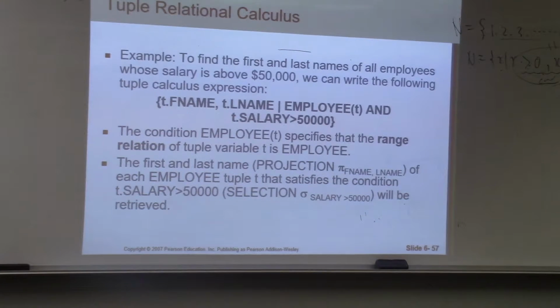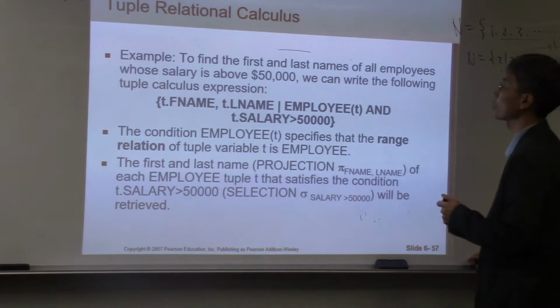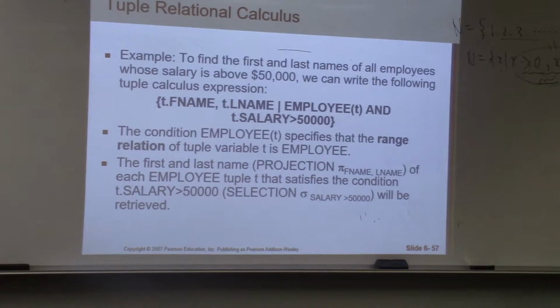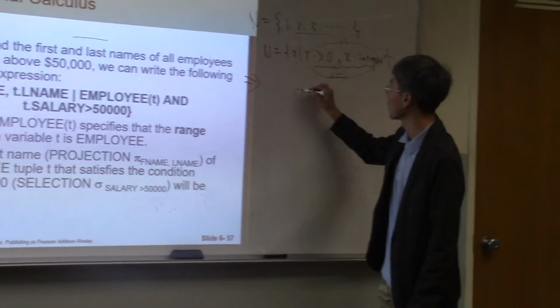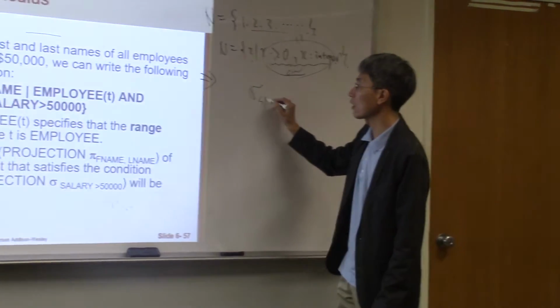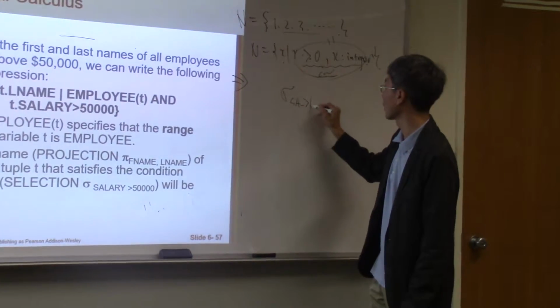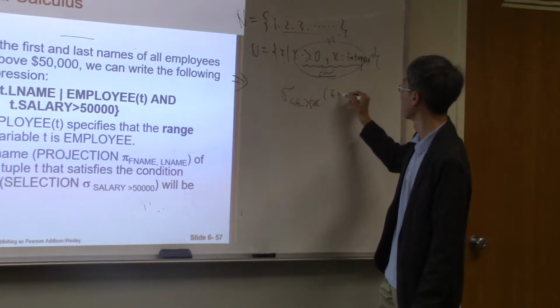For example, find the first and last name of all employees whose salary is above 50,000. How can we represent this query using relational algebra? Using select with the condition salary bigger than 50K from employee.